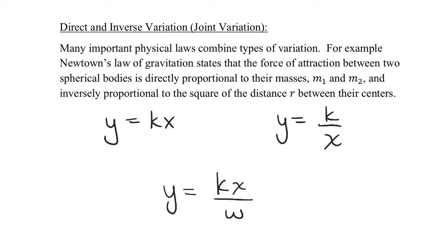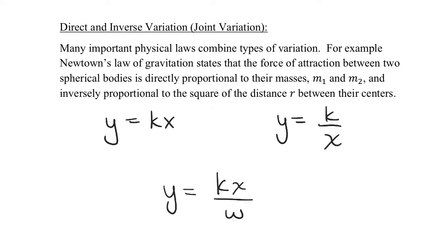That's joint variation. Because look, I'm going to read this, okay? I want you to write this down if it helps. Y is directly related to x, but indirectly related to w.